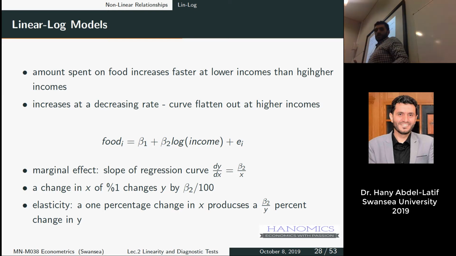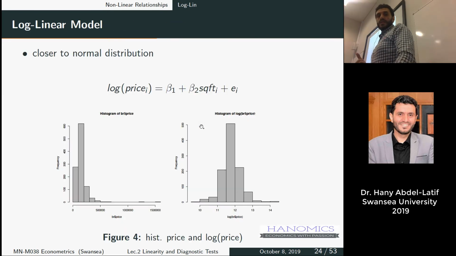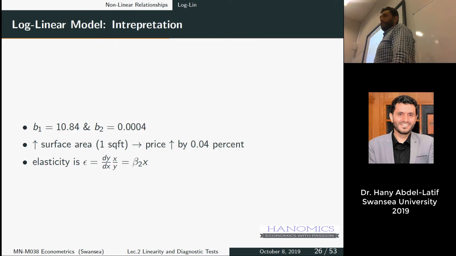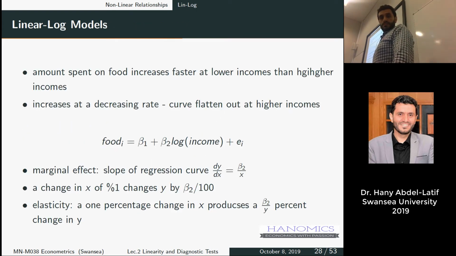Remember the difference? In the previous example, we said a 1 unit change in the square feet. In this example, we say a 1% change in income. So if income changed by 1%, then food expenditure, how much people will spend on food, will change by whatever you estimate for beta, divided by 100.